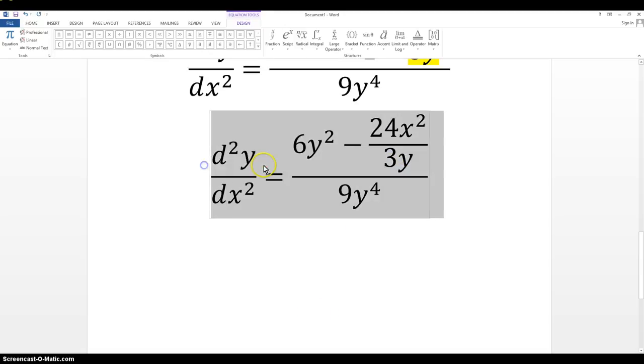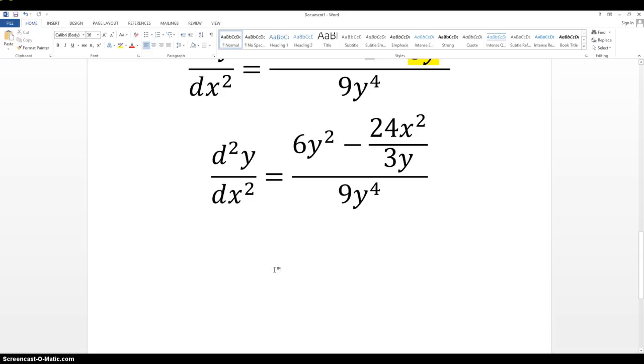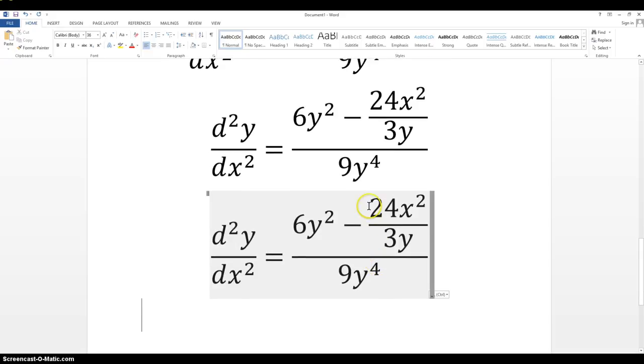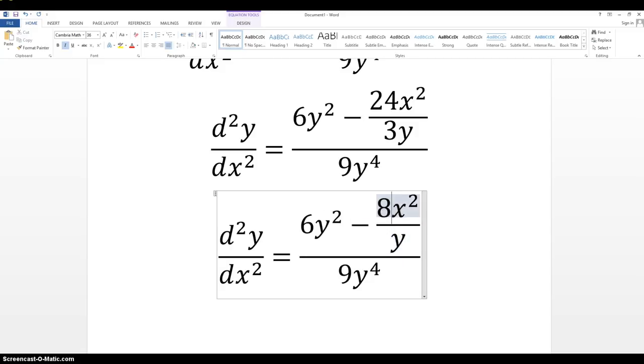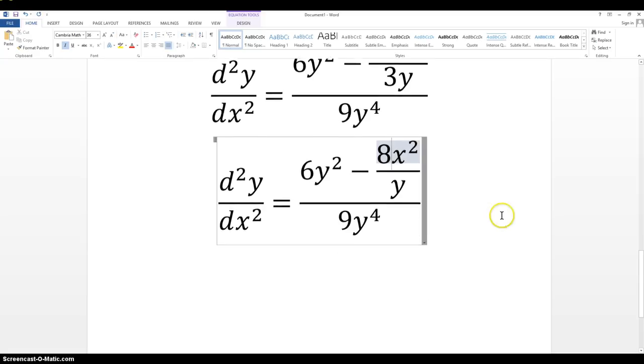So we get 6y squared minus 8x squared over y, all over 9y to the 4th.